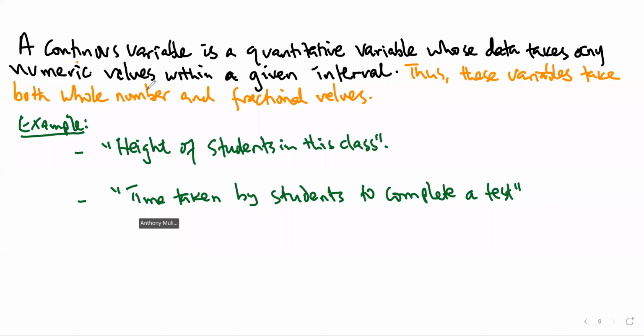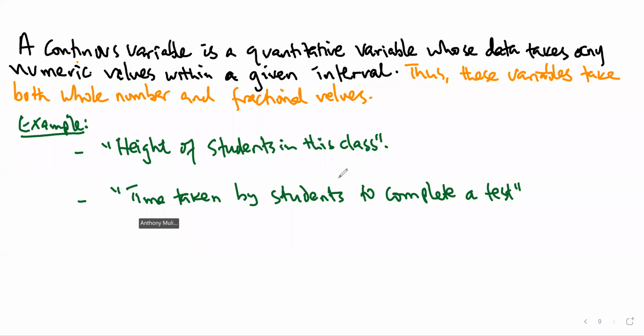On the other hand, a continuous variable is a quantitative variable whose data takes both whole numbers and fractional values. It takes any value within some given interval. A good example is the height of students in this class. If I were to measure your heights in centimeters, maybe some of your heights are an exact number of centimeters, others are with some decimals.